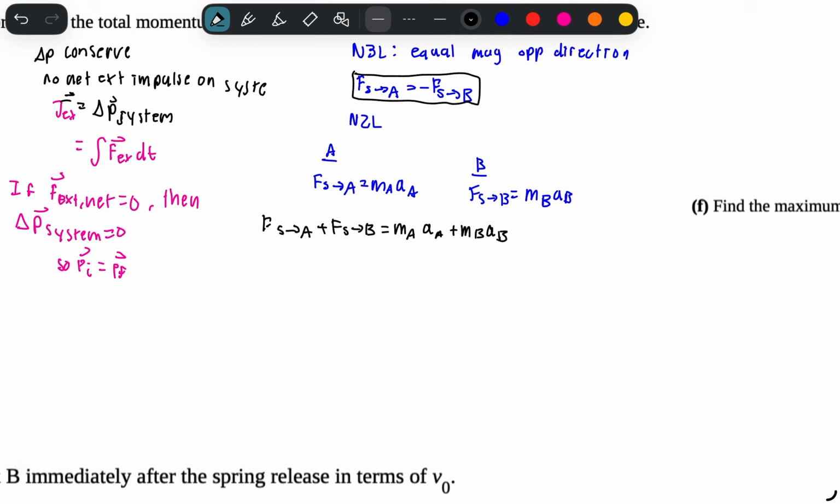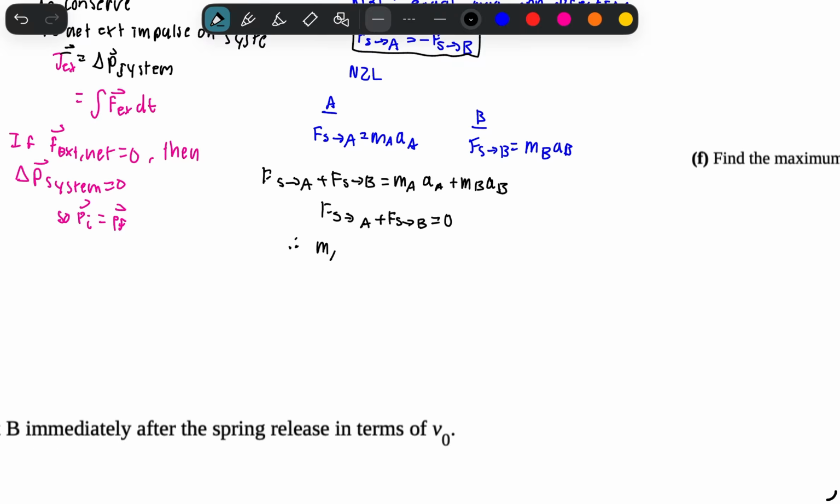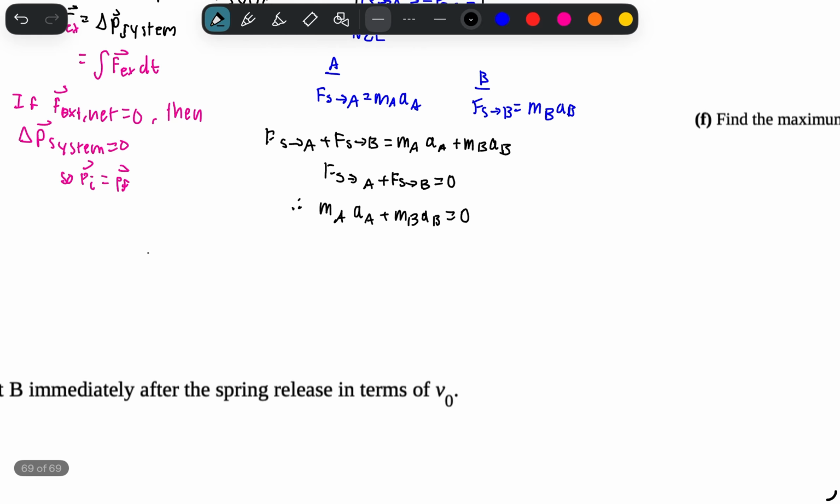Now, after this, we're going to get that the force of the spring on A plus the force of the spring on B is equal to 0. So that means that mass of A times acceleration of A plus mass of B times acceleration of B is equal to 0. So then we know that acceleration is going to be the derivative of our velocity.